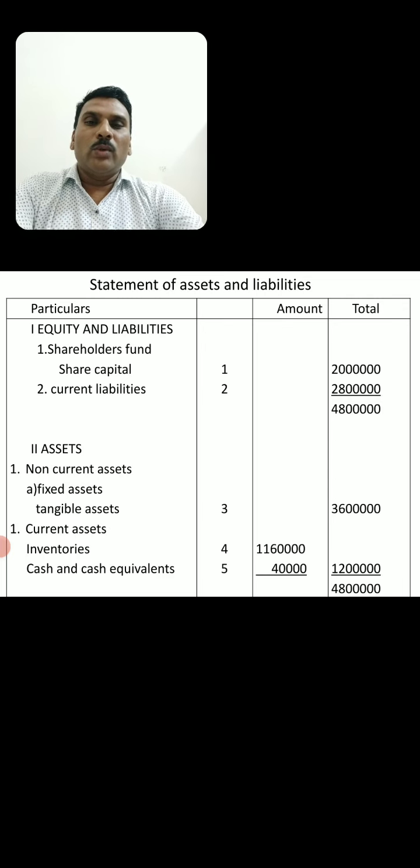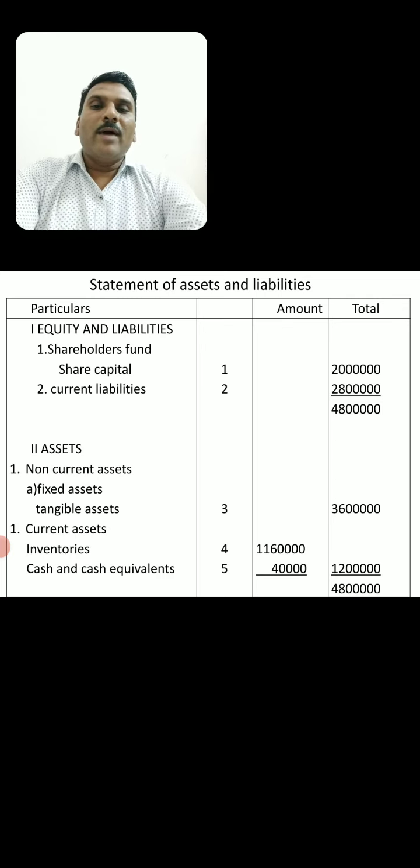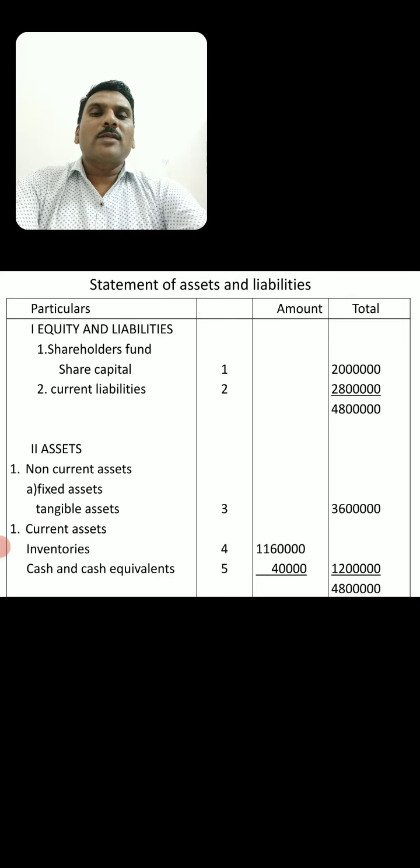So like this we have to prepare the revised statement of assets and liabilities under the scheme of reconstruction. Here in all the sessions we have selected 5 marks problems and 10 marks problems, and we have seen how to calculate the capital reduction amount by preparing the capital reduction account and passing the journal entries.